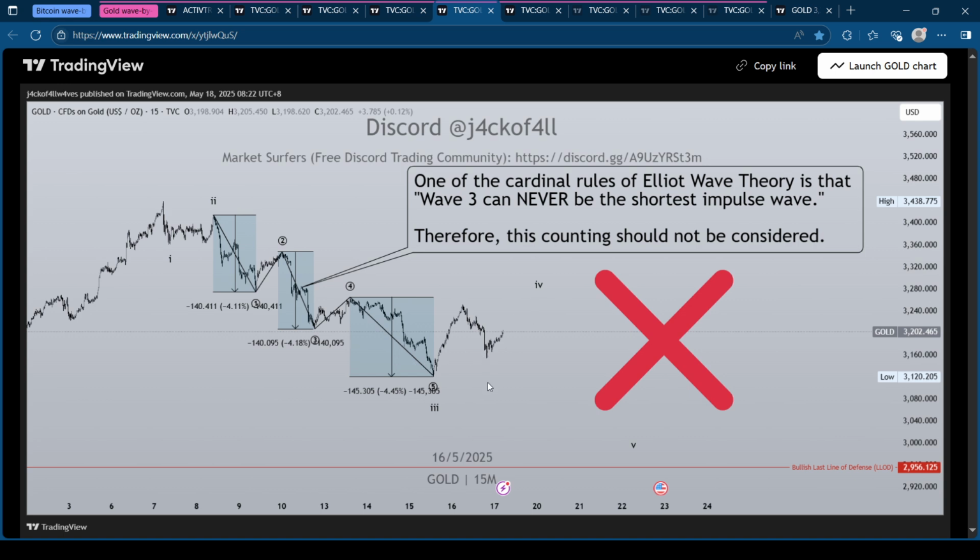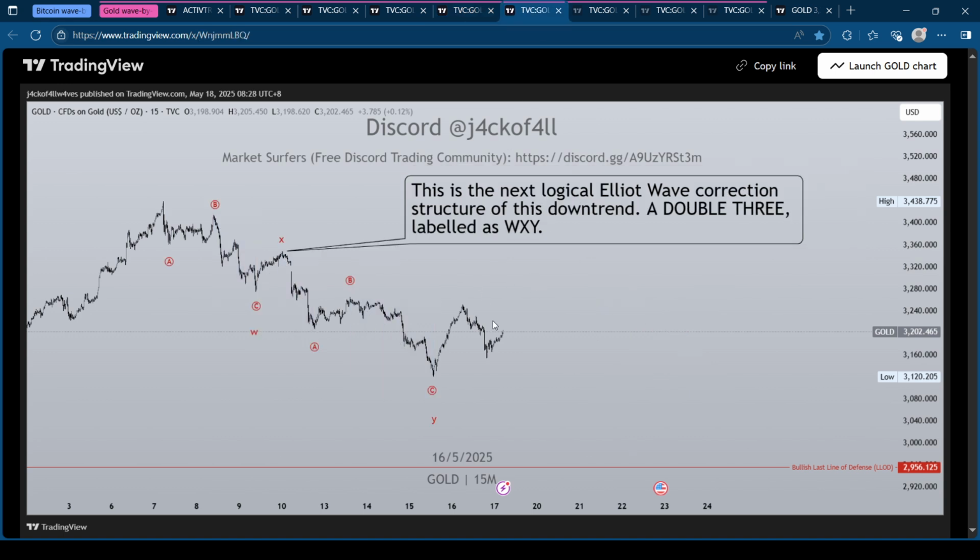If you will be technical about it, then this counting should not be considered. And this is the next logical Elliott wave correction that you should consider in terms of the Elliott wave counting.